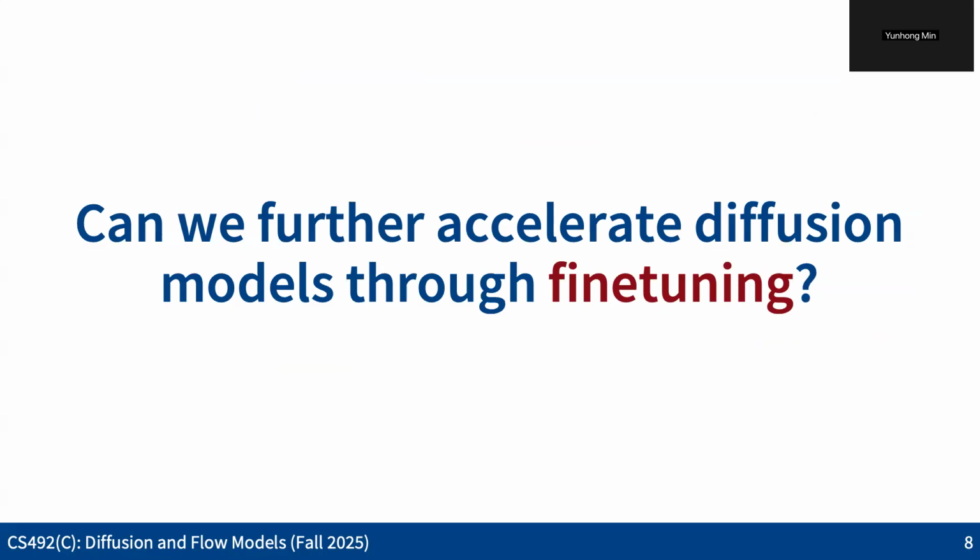That idea is called distillation. Given a pre-trained model, you do some fine tuning of the neural network in a way that we can make it a one-step generation model. So you can basically get outputs with a single step of computation.